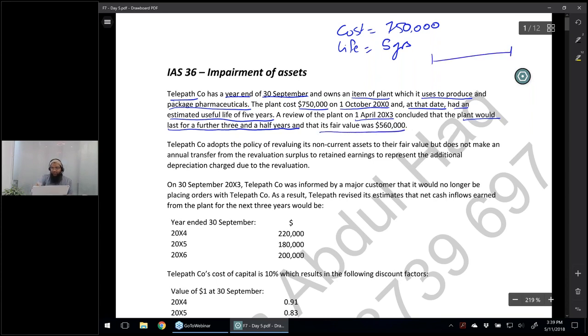So on 1st April 20x3 there are some changes: the fair value at this date is 560, and the remaining life is 3.5 years. And the purchase date was actually 1st October 20x0. So let's see the question's requirement.